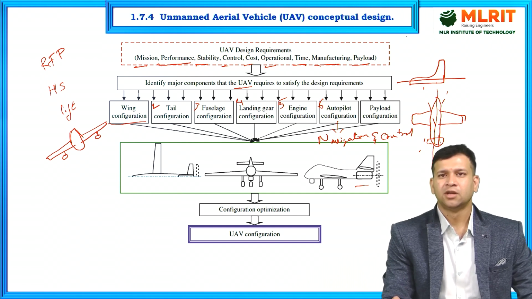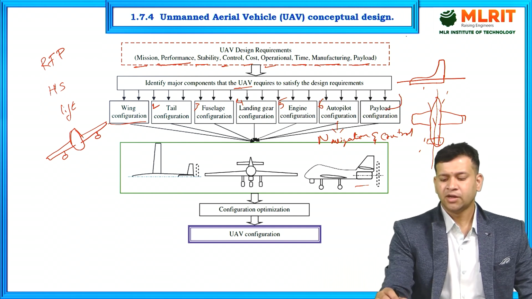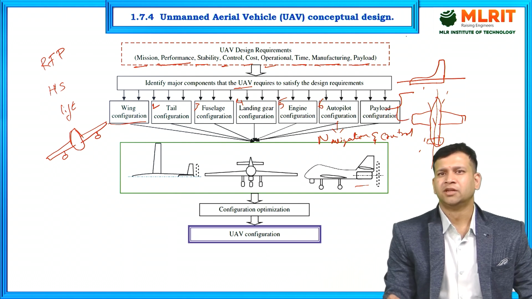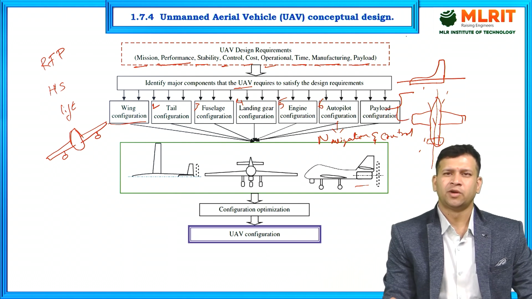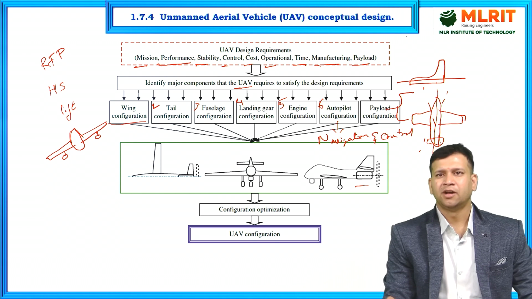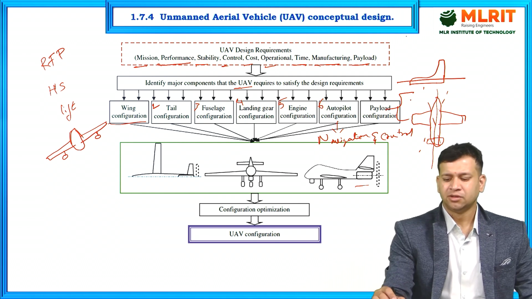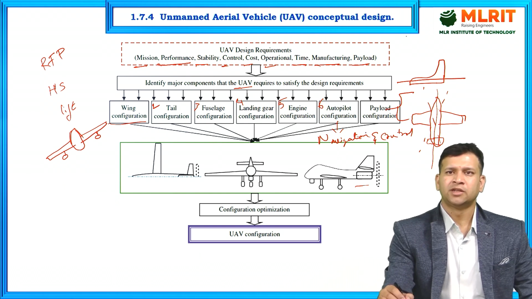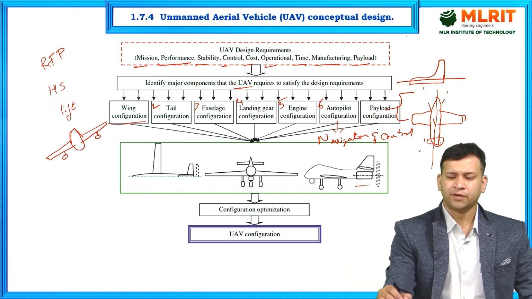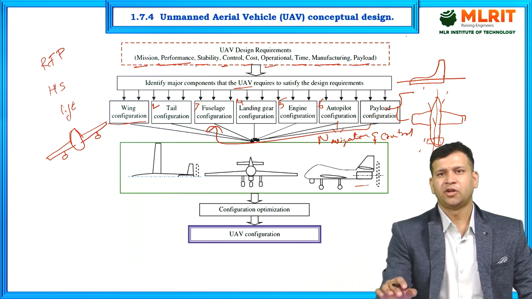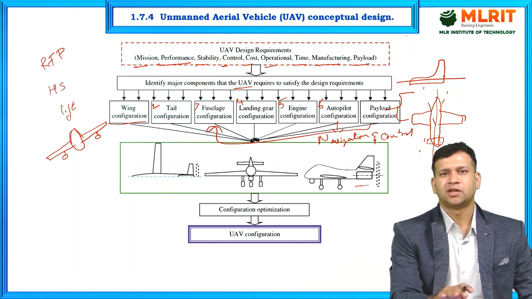Again, this payload configuration is divided into various categories like equipment, devices, then cabin pressurization system, autopilot system, and any other sensors required specifically for the mission. All that will be planned together, and these payload configurations will be installed in the fuselage. Depending upon the payload requirements, we'll design our fuselage.